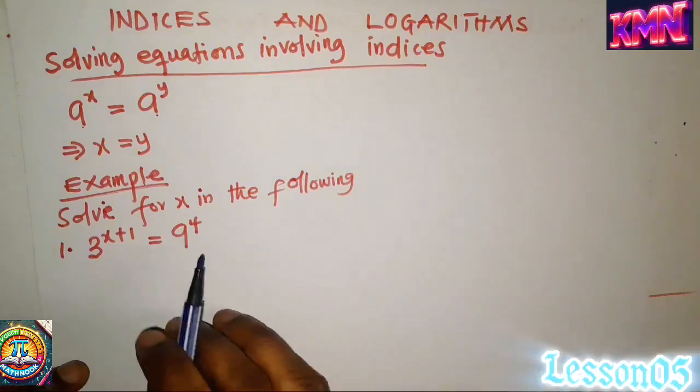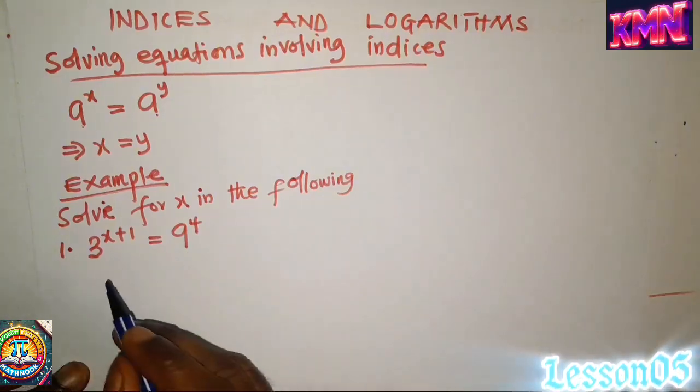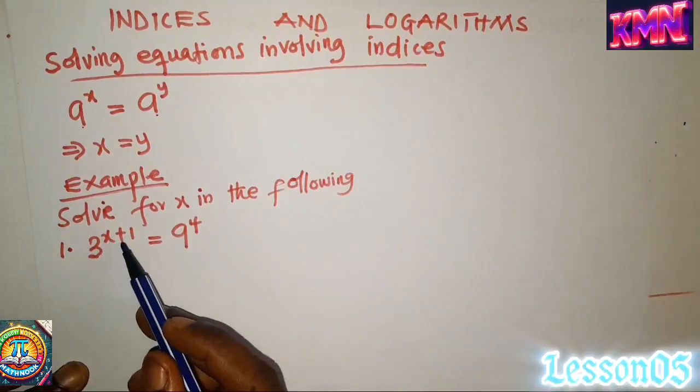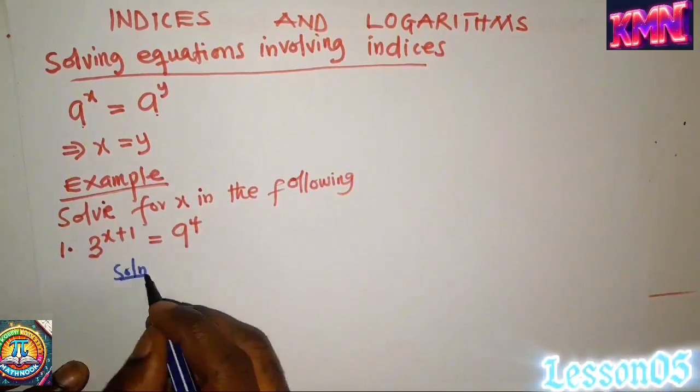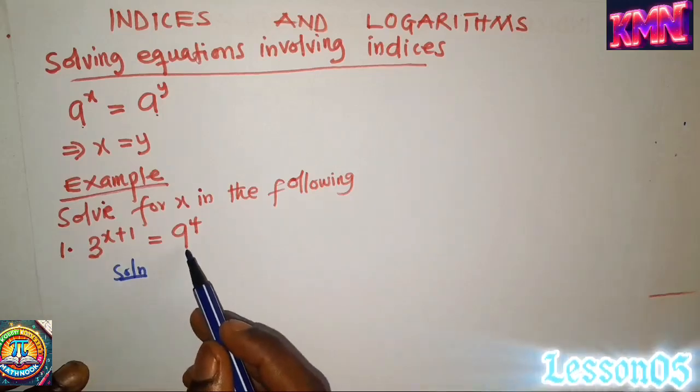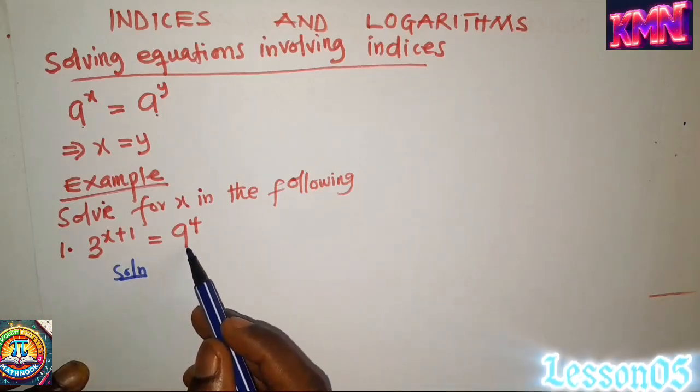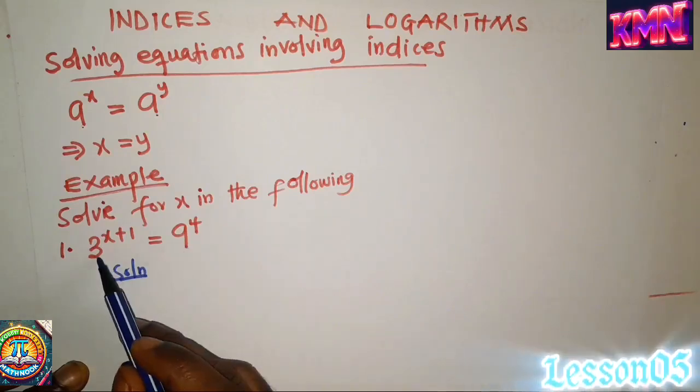So the problem says solve for x in the following, and our first problem is 3 exponent x plus 1 equals 9 exponent 4. What you have to do, you have to change the 9 to the index form, and it should also have the same base as 3.